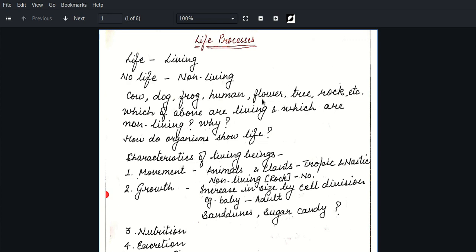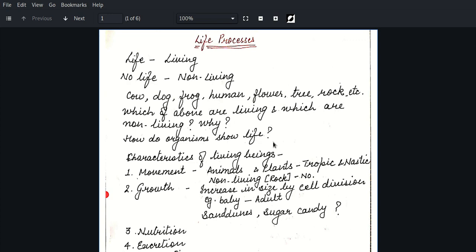How can you say that some are living and some are non-living? Then you may answer because there are some characteristics. What are the characteristics which say some are living organisms?